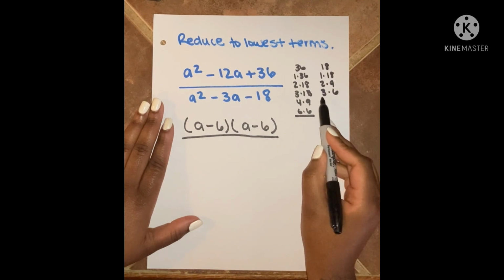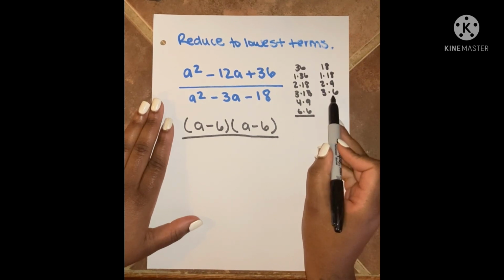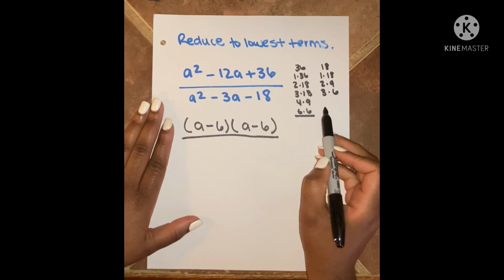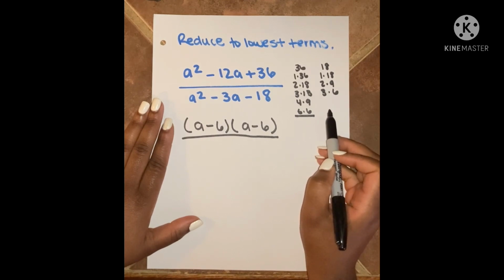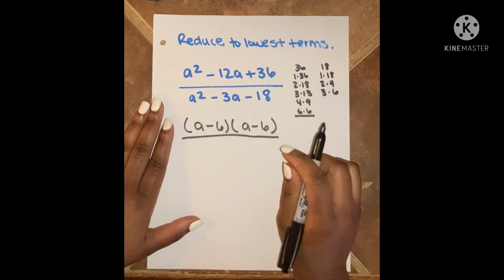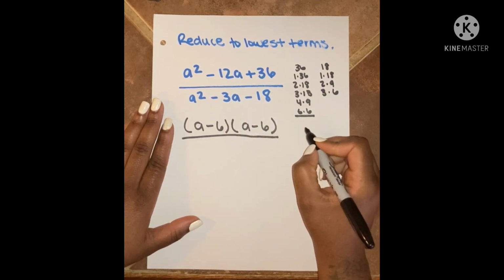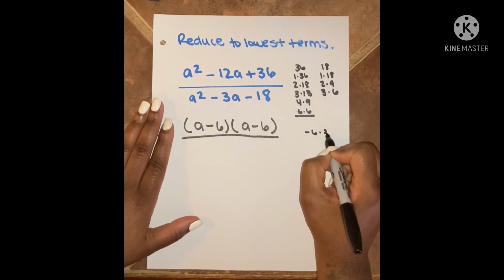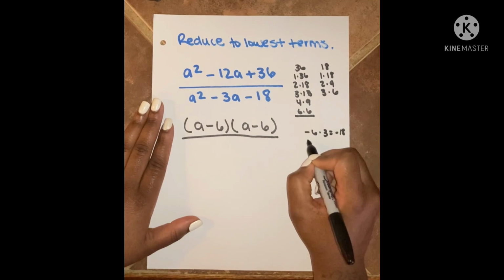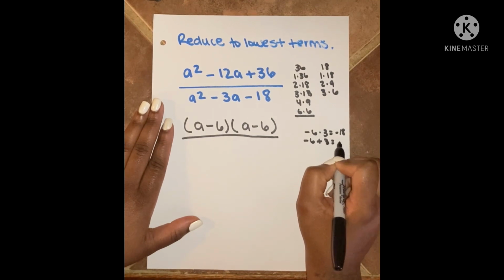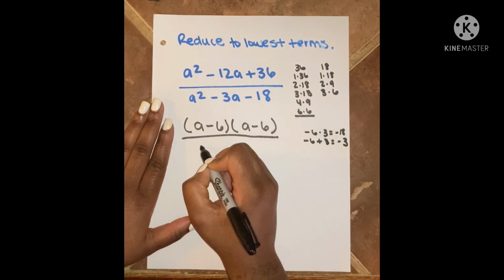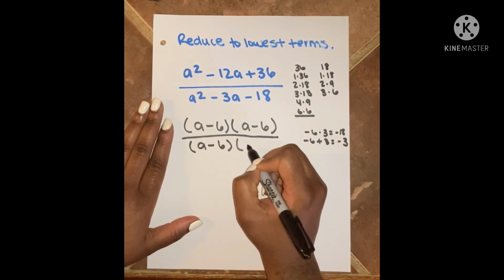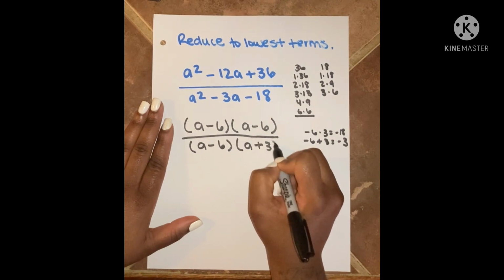So here we can see that a negative 6 times 3 gives us a negative 18, and a negative 6 plus 3 gives us a negative 3. So that means we're going to have a minus 6 and a plus 3.